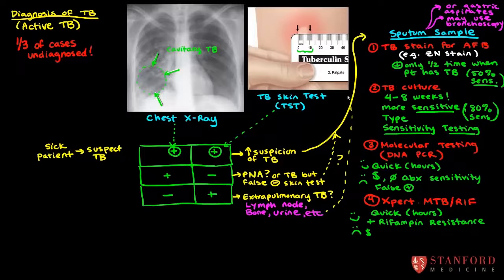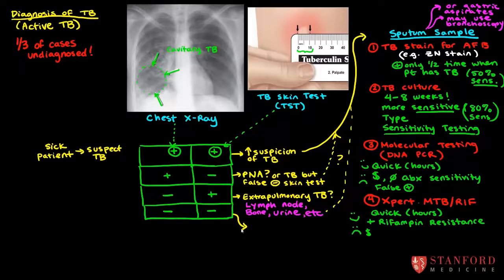They go through the same testing procedure in the laboratory, but it's just a different kind of fluid. Okay, and then I guess just to complete all the possibilities here, what about someone who you're suspicious may have TB based on something clinical, and then they actually have a negative chest x-ray and a negative skin test? So that's also an important circumstance to recognize, because TB is still possible even though you've got those two negatives. So the negative chest x-ray, again, may simply be because their TB infection is not involving the lung.